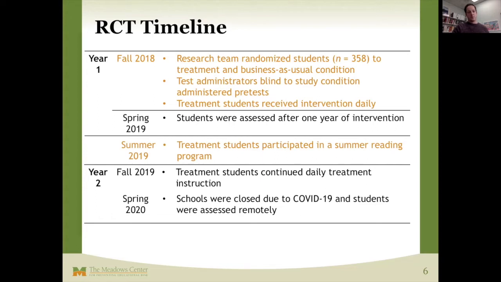And the only confounding factor here was that in the second year, COVID hit, and so schools were closed. All the participating schools closed in March, and they did not reopen in the spring. So instruction was discontinued at that time. And I'm going to talk a little bit more about this later, but we assessed students remotely for that final time point.